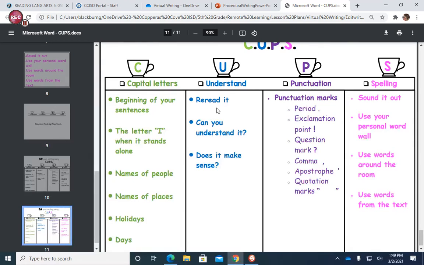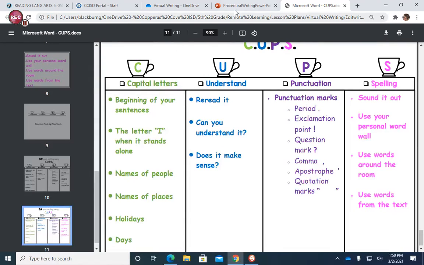Make sure that you can understand what you have written. Reread it. Can you understand it? Does it make sense? P stands for punctuation and all those different ways that you need to make sure that you have the correct punctuation. And then finally, S for spelling, the different ways that you can make sure that you have spelled things correctly. And don't forget about dictionary.com.